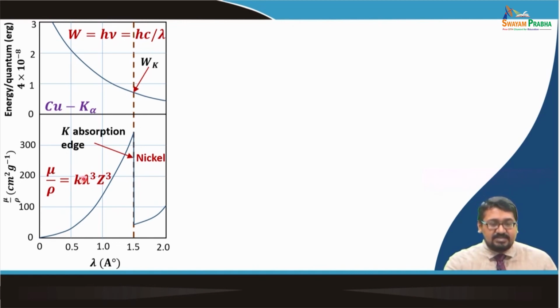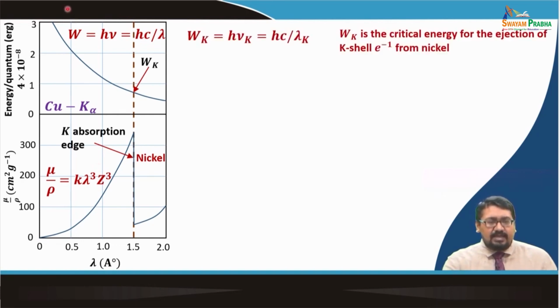This peak is said to be the K absorption edge, or the K excitation energy. So, with respect to the formulation that energy is equal to h nu is equal to h c by lambda, for this K absorption edge we can say Wk, the energy, is equal to h times nu k is equal to h c by lambda k.